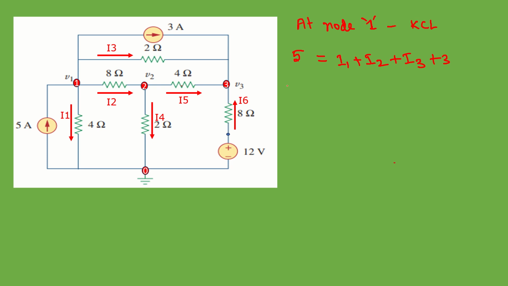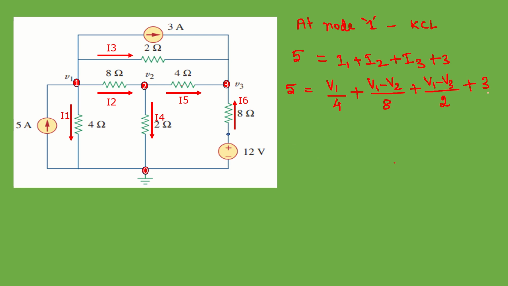Now we apply Ohm's law for these currents. I1 can be written as V1 minus 0 potential divided by 4, plus I2 is V1 minus V2 divided by this 8 ohm resistance, plus I3 is V1 minus V3 divided by this 2 ohm resistance, plus this 3 amps.